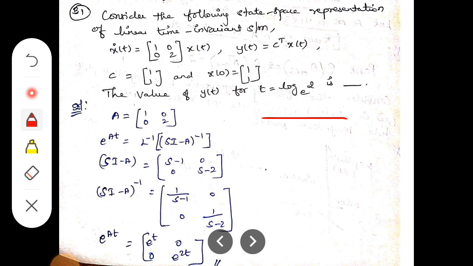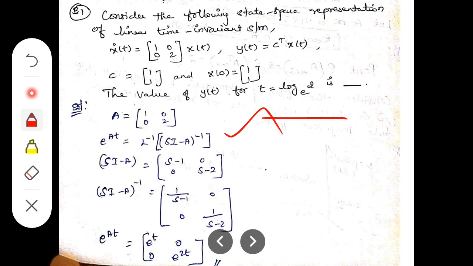Then find the value of e to the power A t, e phi of t we want to find. So e to the power A t is equal to the Laplace inverse of the inverse of sI minus A. So sI minus A, we have the function A as a 2 cross 2 matrix. Substitute in this function, sI minus A is equal to s minus 1, 0, 0, s minus 2.